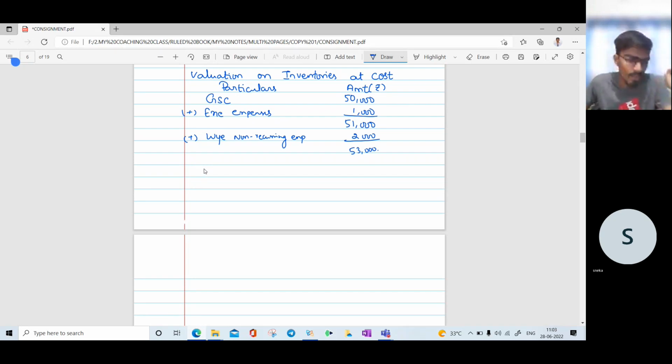Then there is nothing, so we can directly move on to sales. We have to deduct sales. What is given in the question now? 4/5 of the goods consigned is sold. So 4/5 of the goods consigned is how much? 4/5 of 53,000.